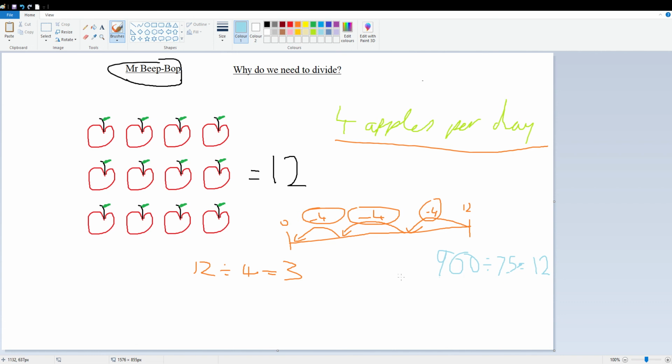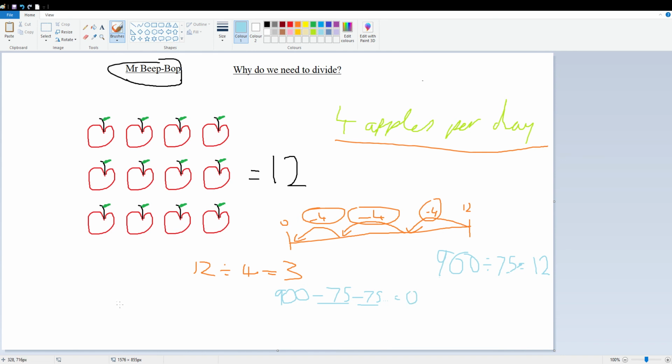Now, there are a couple of ways we could do this. We could say, obviously, go along the number line route and say, oh, minus 75, and then just counting up the number of 75s that we've taken away before we get to 0.